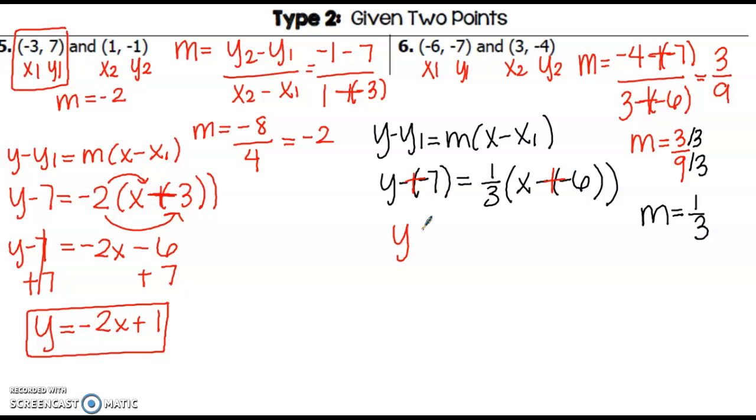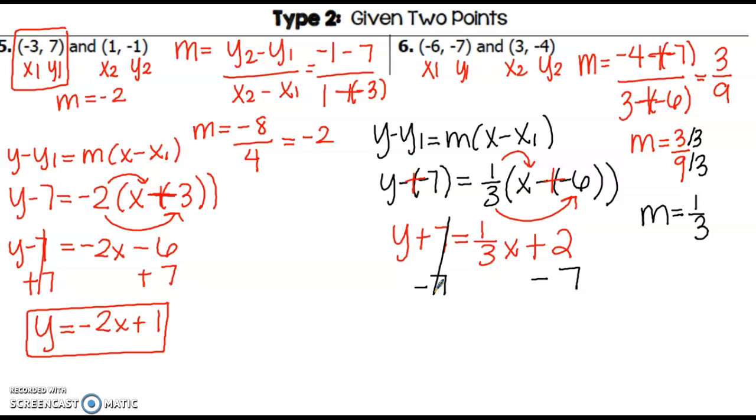So now we have y plus 7, 1/3 times x, that is 1/3 x, because I distribute here, and now I'm going to distribute there. That is going to be 1/3 times 6, which is 2. And then I'm going to isolate my y by subtracting 7 from both sides.